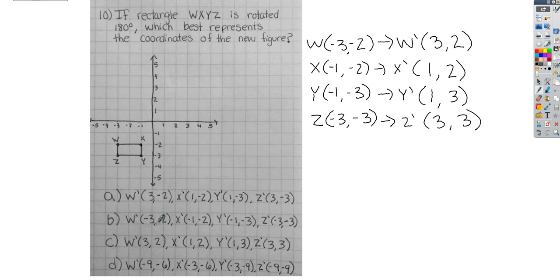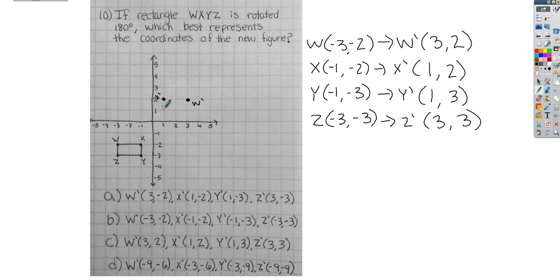But this question is giving us the ordered pairs. So technically we're able to find our answer right now, but I think you should plot it just to make sure that we end up in that correct quadrant that we wanted to. So W prime is over 3 up 2. X prime is over 1 up 2.